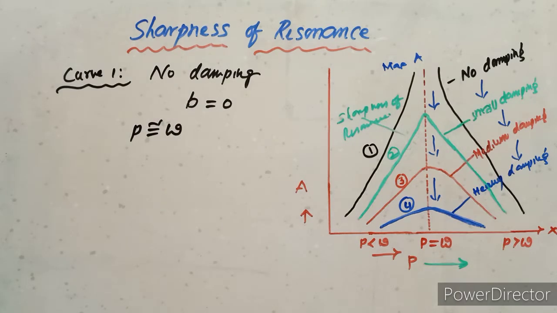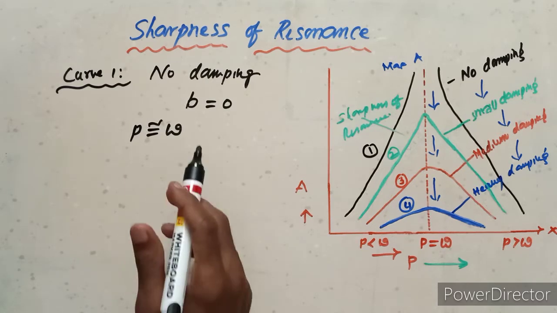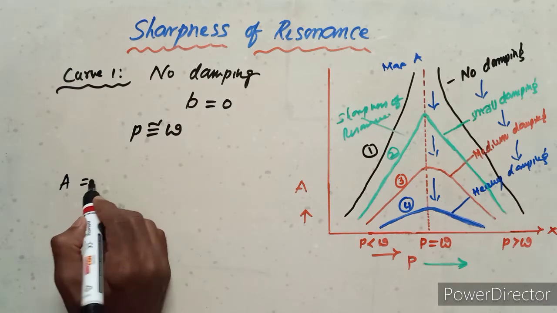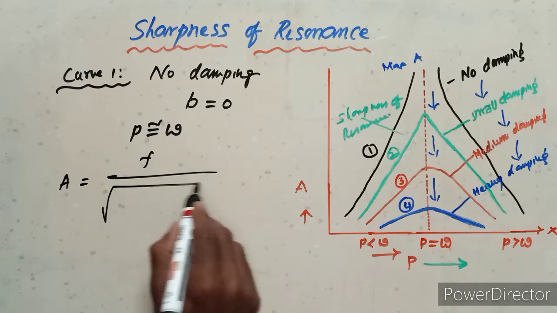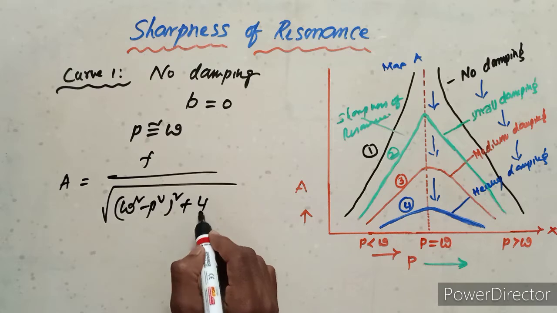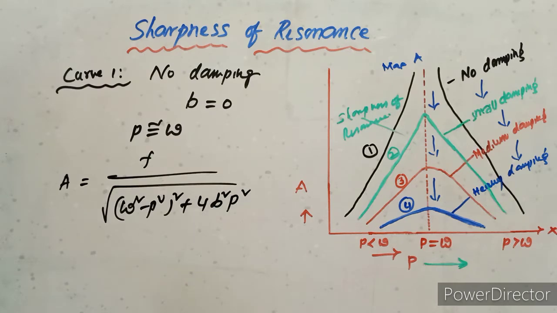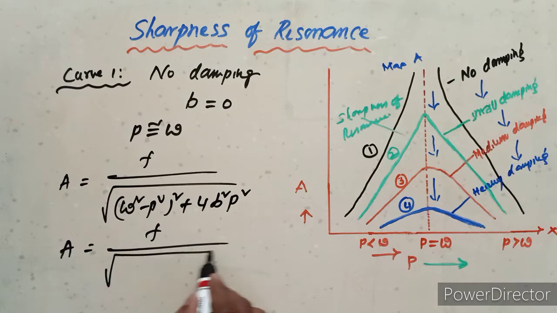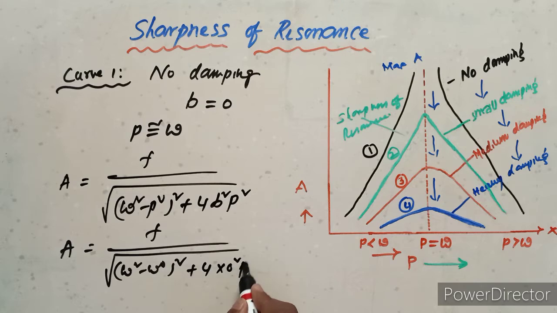That means driven frequency equals resonant frequency. These two values are substituted in the amplitude equation. A equals F upon the square root of omega square minus omega square, whole square, plus 4 times 0 square P square.